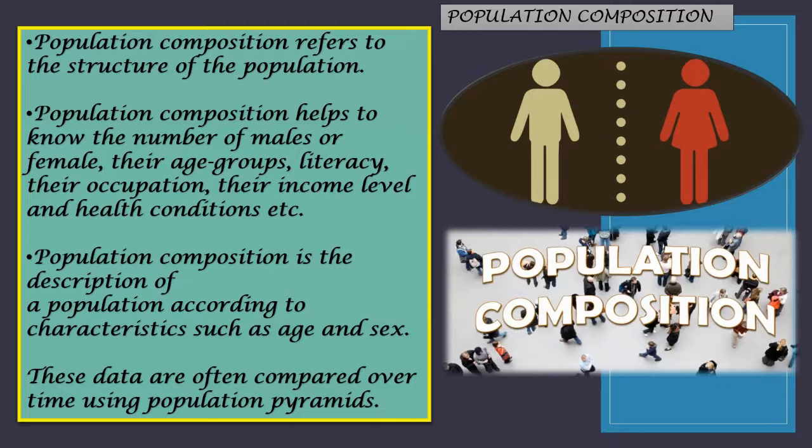The composition is the structure of a population in terms of age, gender, and other properties such as marital status and education. Age and gender are the key indicators of population composition. The data are often compared over time using a population pyramid.